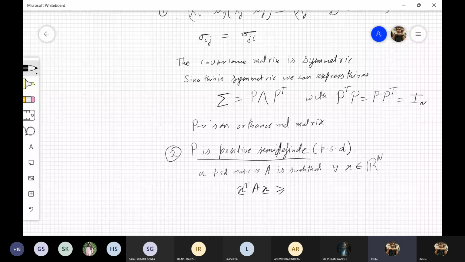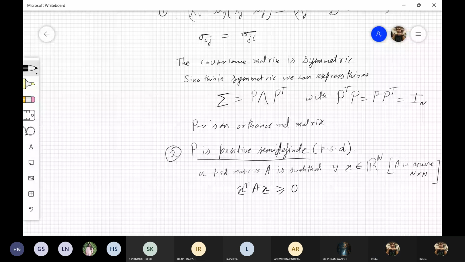So this x transpose A x will be a scalar. For a PSD matrix, A is square, n times n. So this is a positive semi-definite matrix.